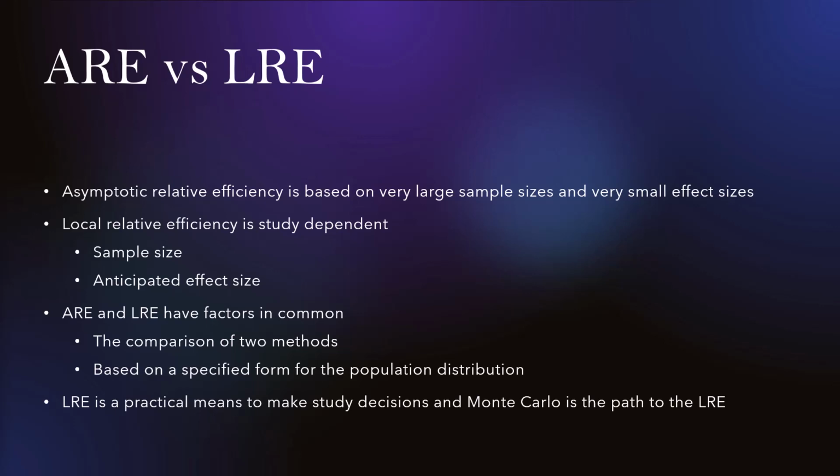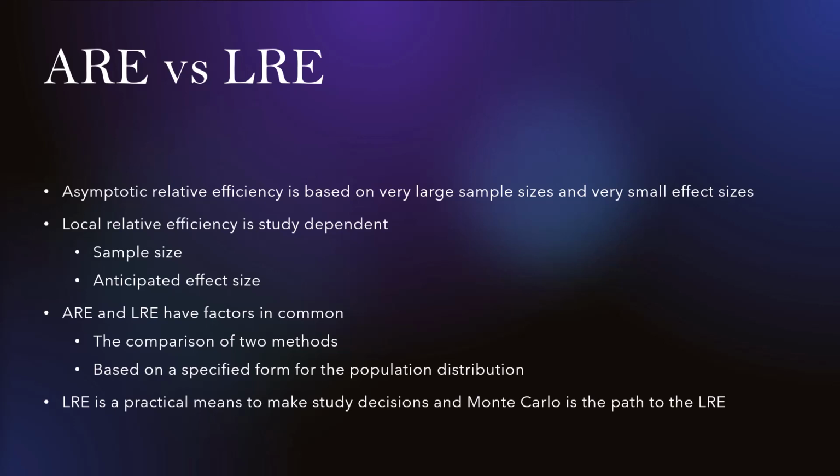For example, we may make this comparison assuming an underlying distribution that's normal, or we may make a separate comparison assuming an underlying distribution that's a logistic distribution, and so on. So these are factors that are in common to both of these, but LRE is more practical as a means to make study decisions if we can calculate it, and Monte Carlo methods are the path to calculating LRE.